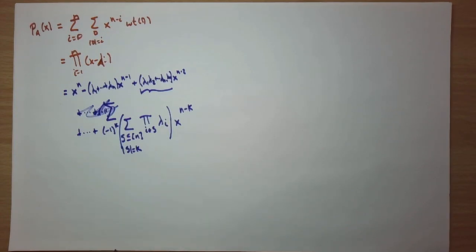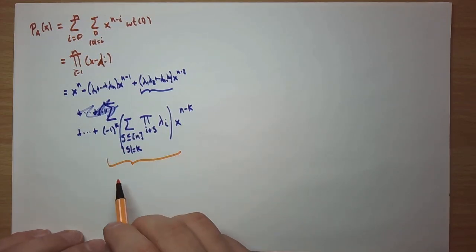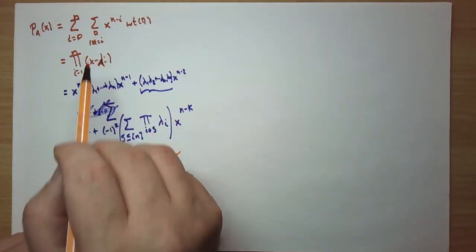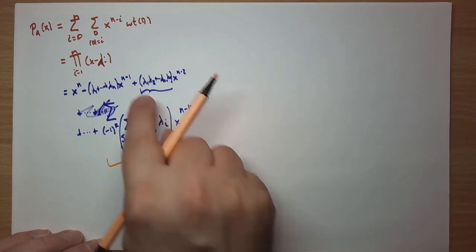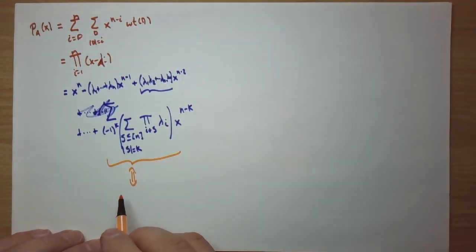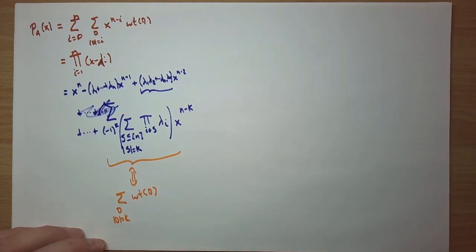And so, of course, one of our nice things that we can get from this is that if I look at this product here, and think about what's going on up here, because I have this x to the n minus k as well, this is the same as the sum over all cycle decompositions which involve k vertices, the weight of that cycle decomposition.